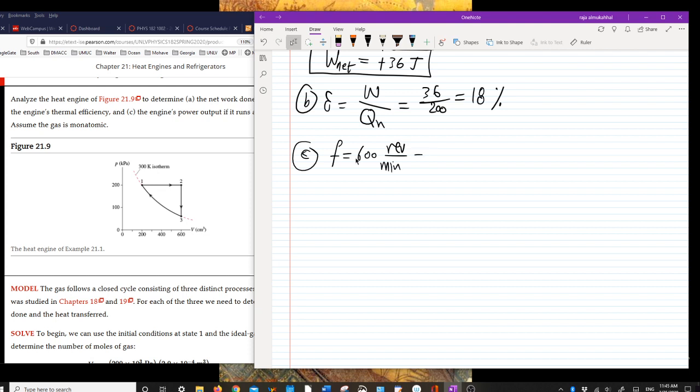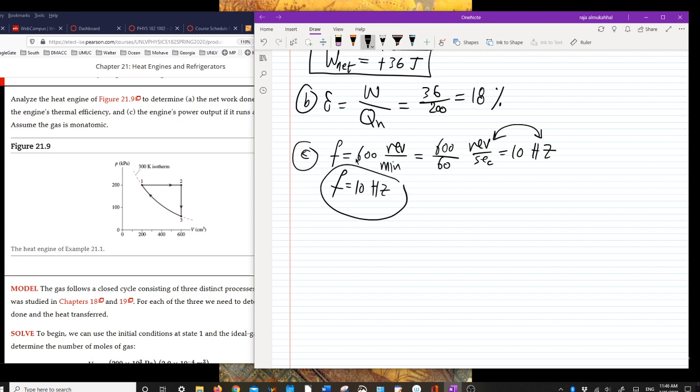Let me convert it to hertz, revolution per second. So it's going to be 600 divided by 60 rev per sec, which makes it 10 hertz. Hertz is rev per second, right? So the frequency is 10 hertz.